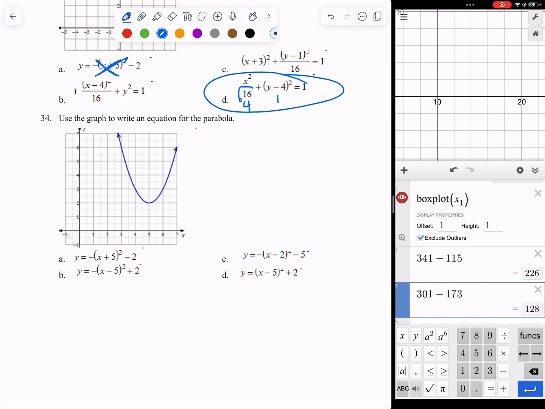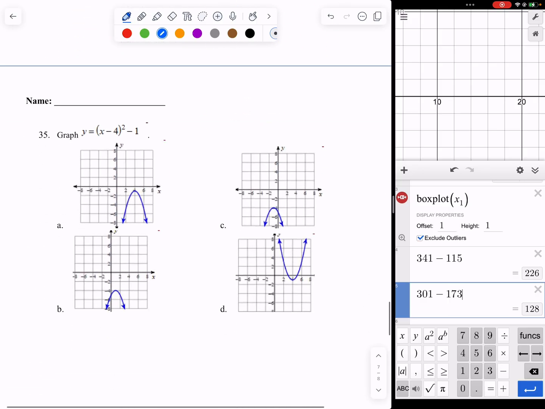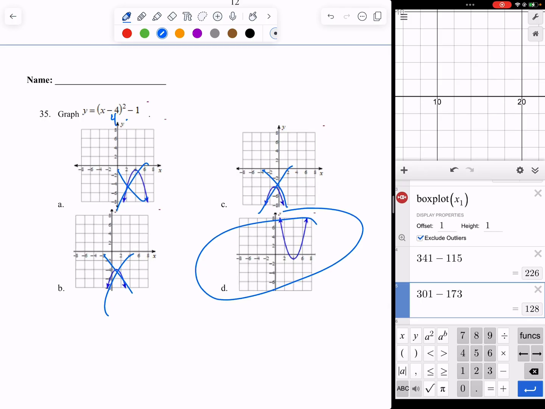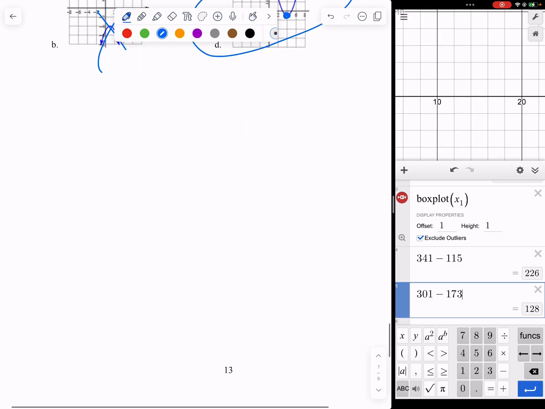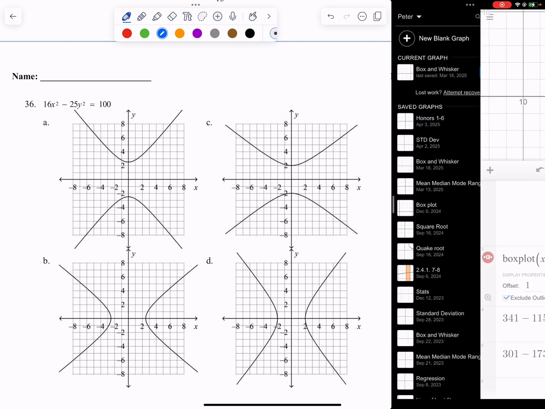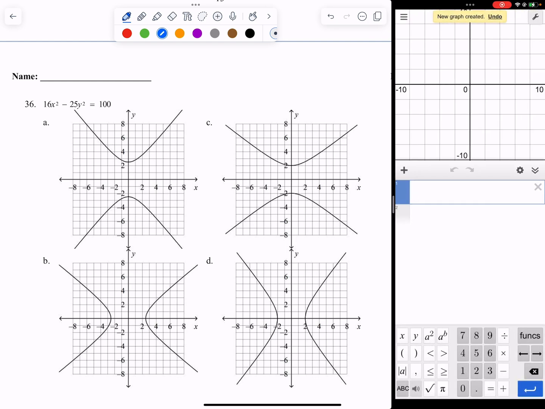This one is a y equals and it's positive, so it's up. Down, down, down, up. 4, -1 is your vertex. Hyperbola.